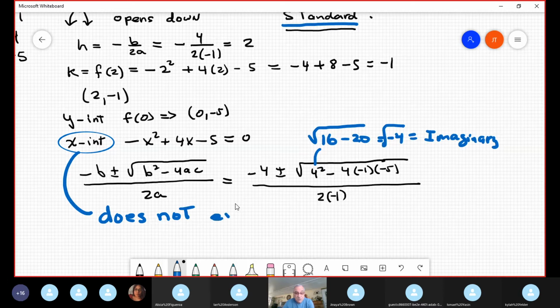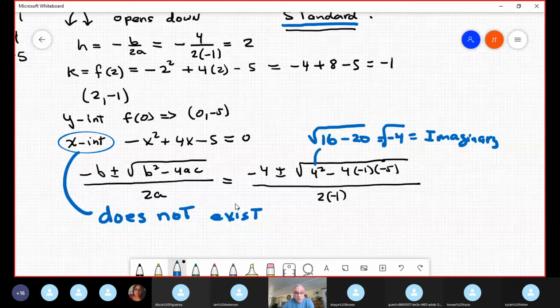So this parabola never crosses the x-axis. Maybe it's clear, maybe not.